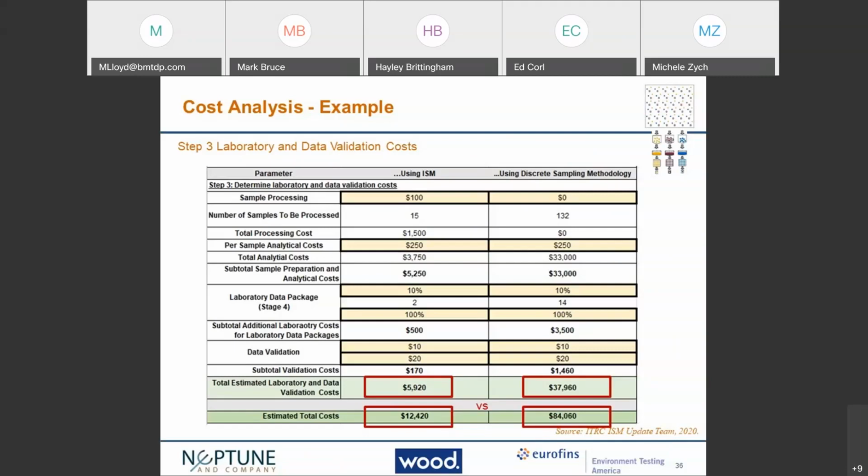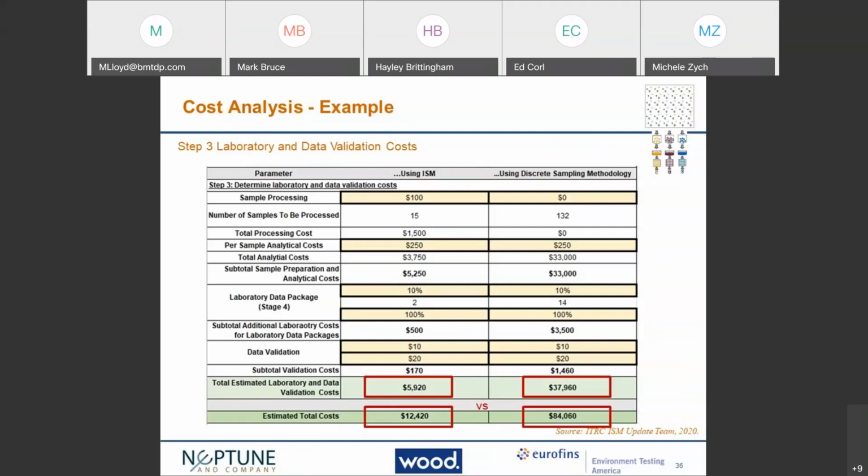And so at the end of the day, we're looking at a case study somewhat similar to, anywhere from 12 to 13,000 to 84 if you use discrete methods. So take a look at this. Now, this is one example.